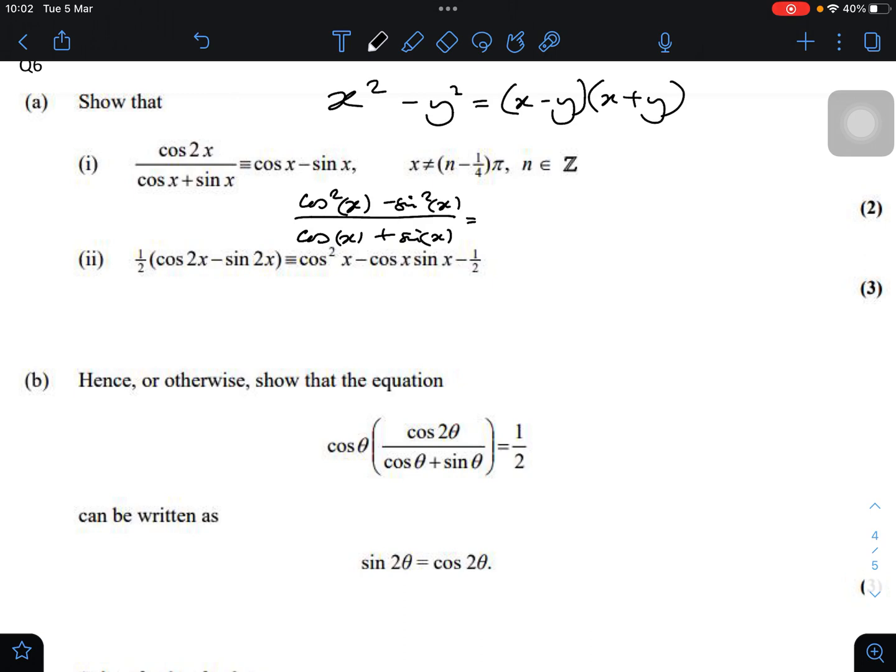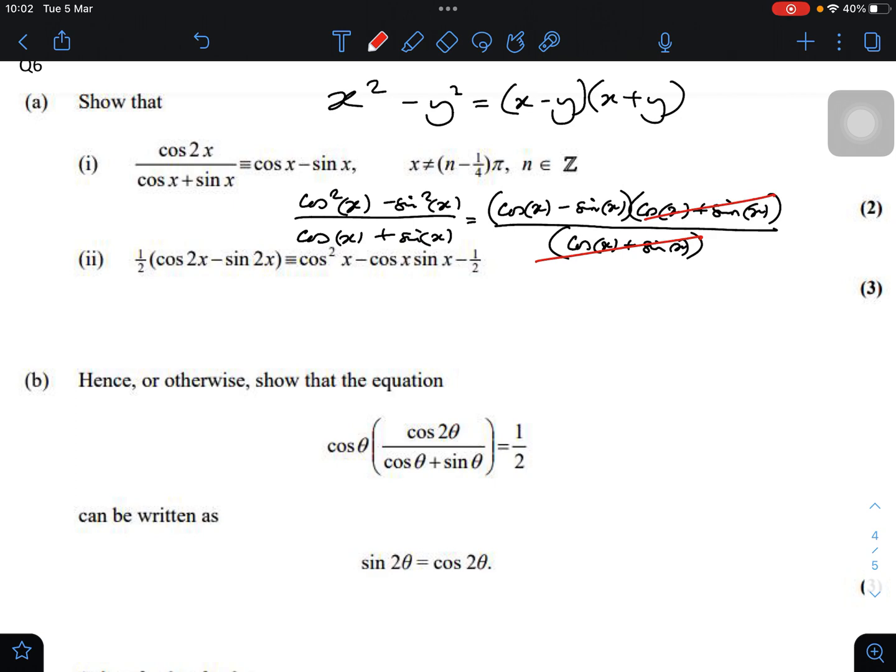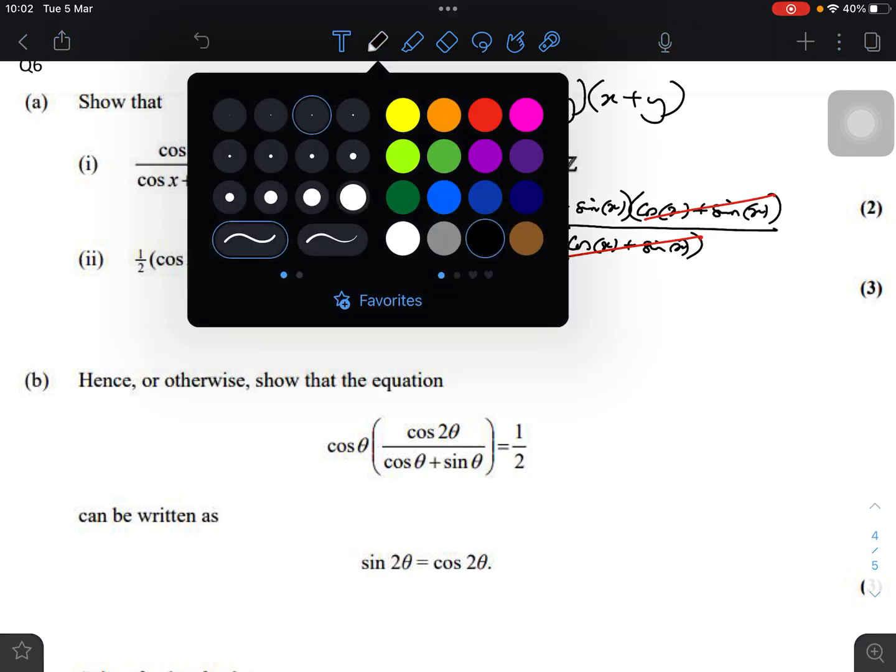You can double check that works, but we can do the same here. So we get cos x minus sine x, cos x plus sine x, all over cos x plus sine x. And so what we notice here is that those would cancel, and we're just left with what we've got on the right-hand side.